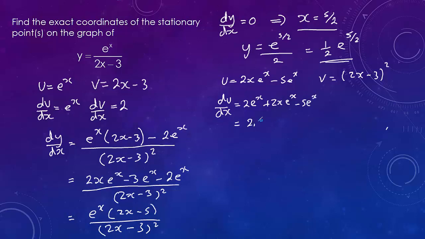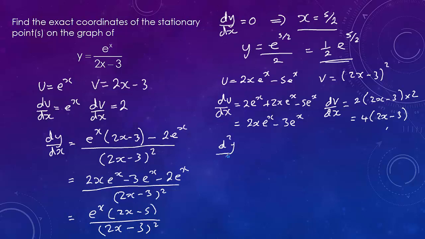So that's going to be 2x e to the x minus 3e to the x. And then dv/dx is going to need the chain rule. So that's going to be twice (2x minus 3) multiplied by 2. So that's 4(2x minus 3).